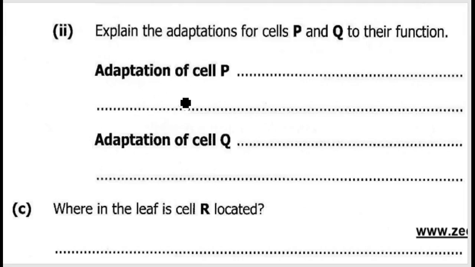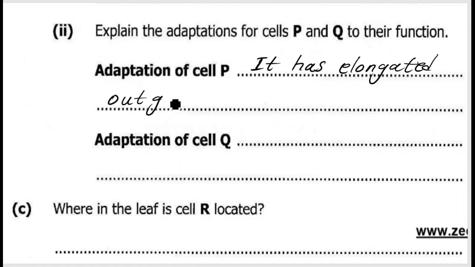So adaptation of P, which is the root hair cells: it has elongated outgrowths.